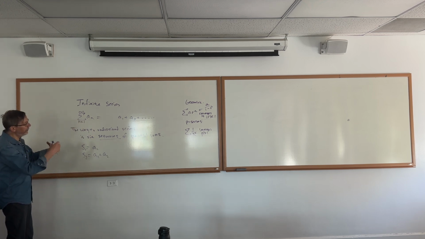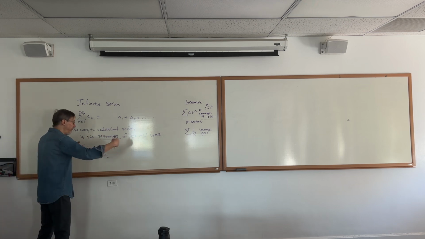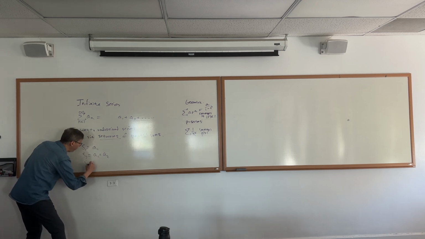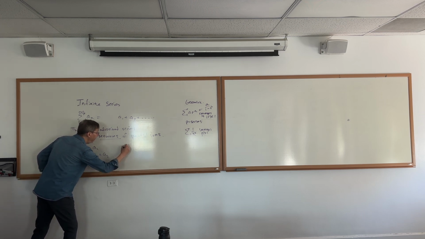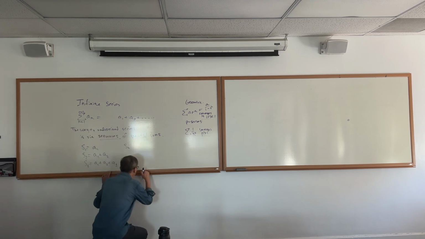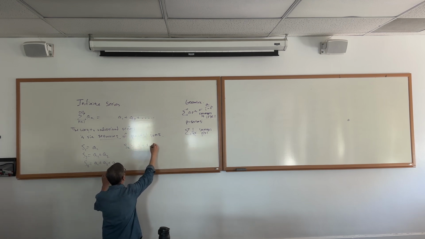What we're going to do is grab these finite bites of the series, moving further and further out. S sub 3 is the sum of the first 3. And then S sub n is equal to a sub 1 plus a sub 2 and so on. It's the sum of the first n terms.